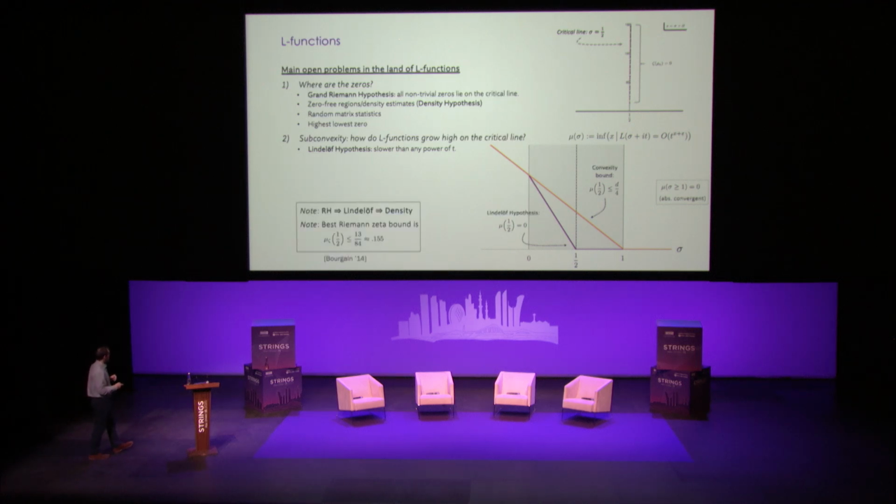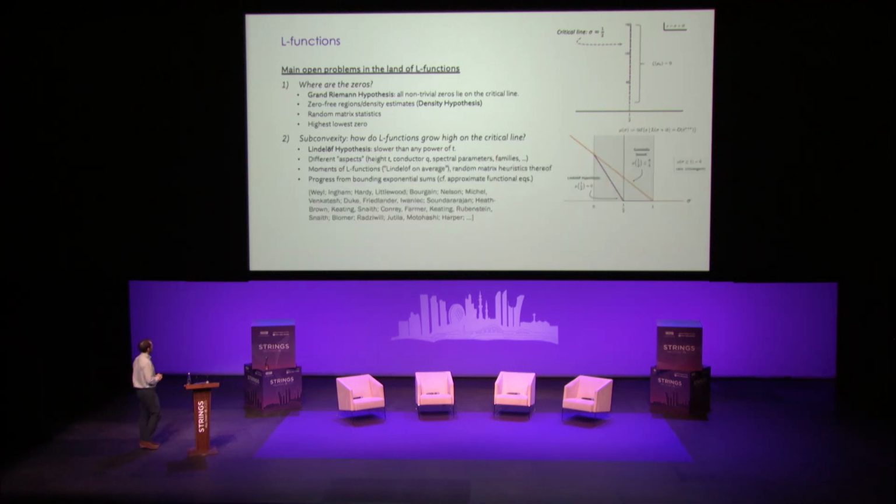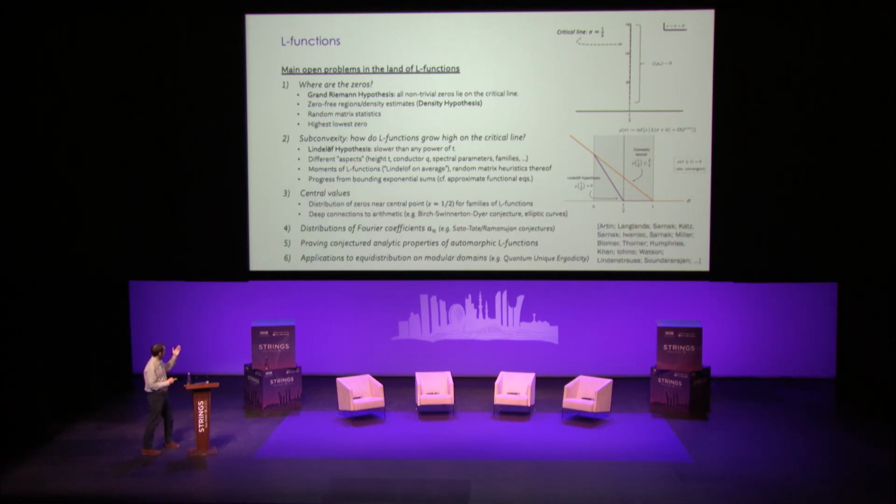Note that the best bound for Riemann zeta is 13 over 84, so not even halfway down from a quarter, due to Bourgain in '14. Okay, so there's lots of beautiful stuff here, many other problems. The slides will be online, but we should move on to the application to CFT.